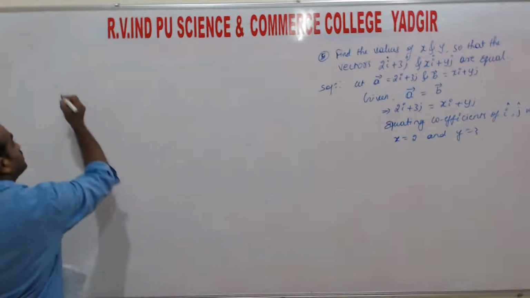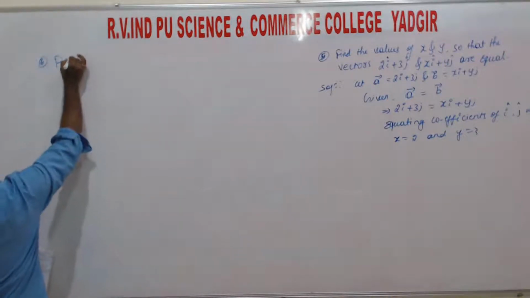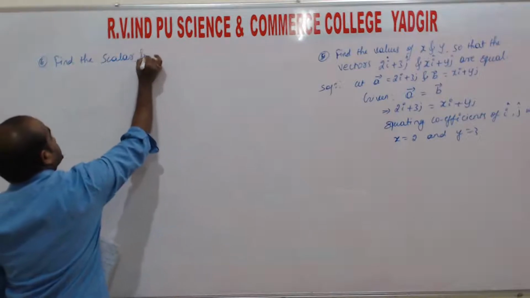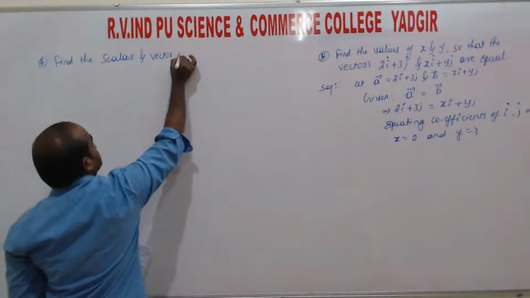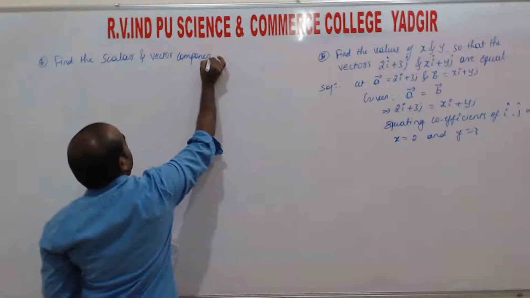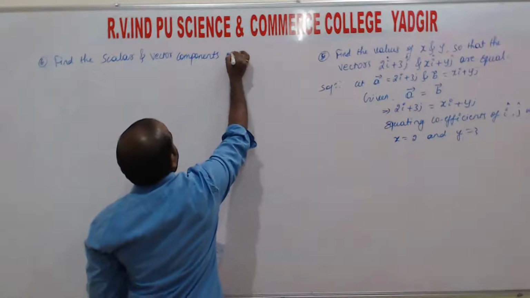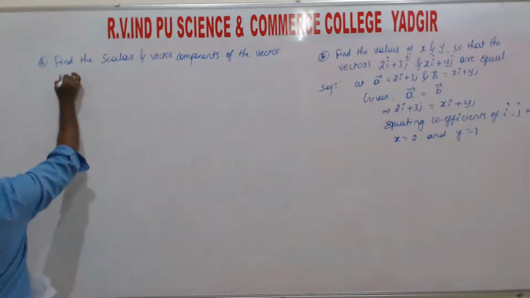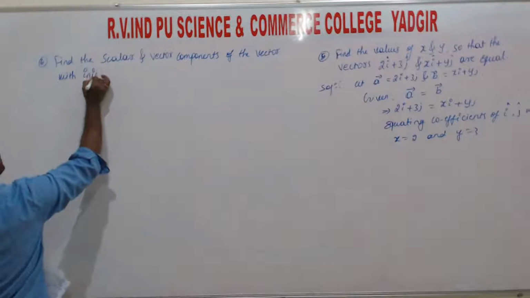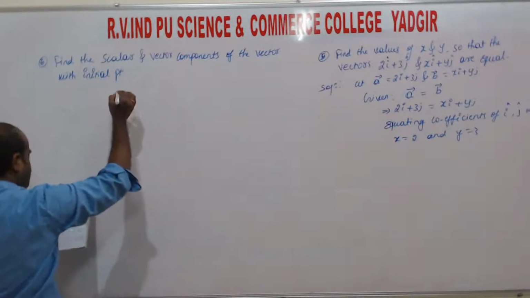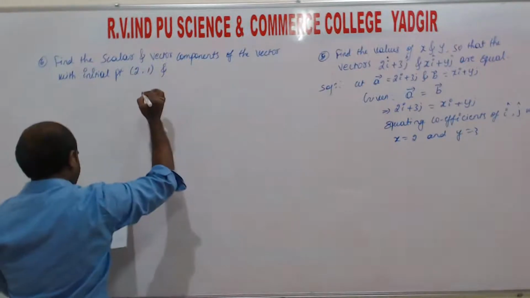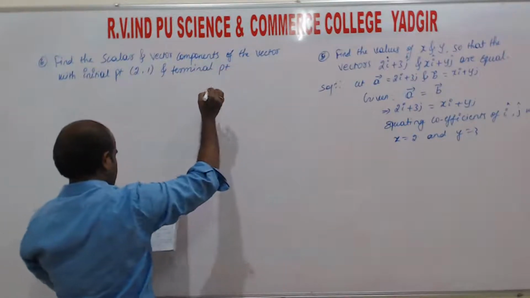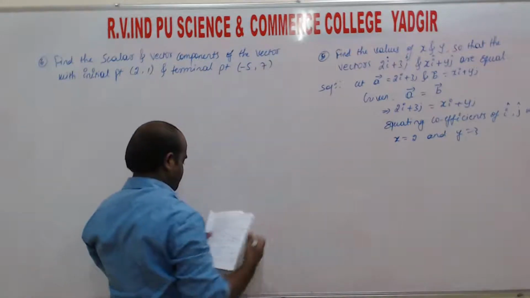Find the scalar and vector components of the vector with initial point 2 comma 1 and terminal point minus 5 comma 7.